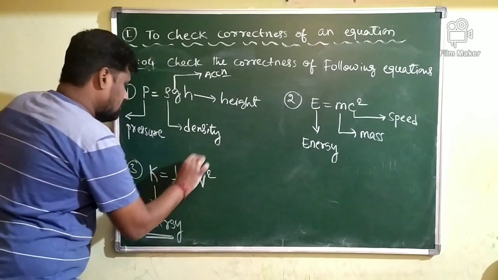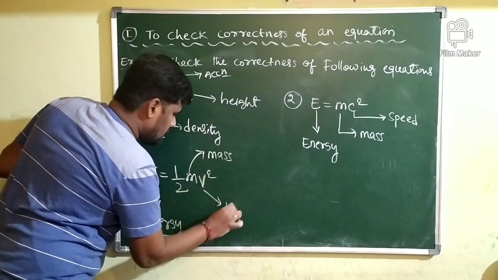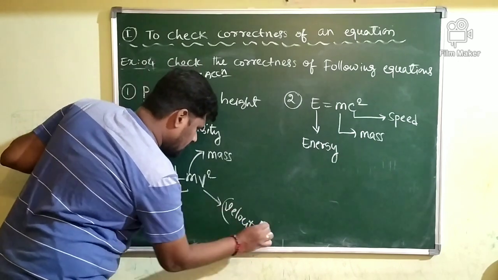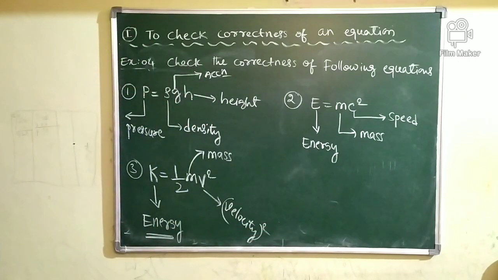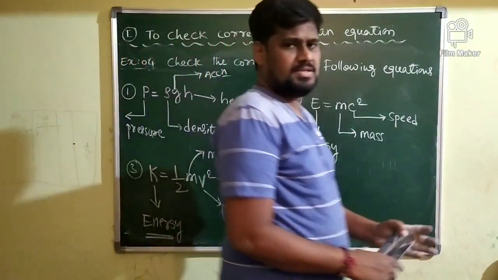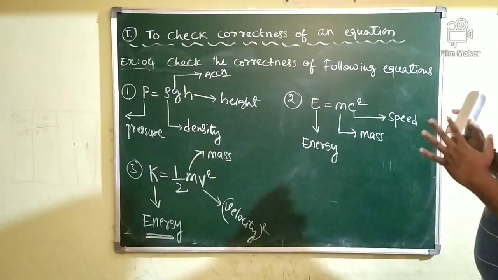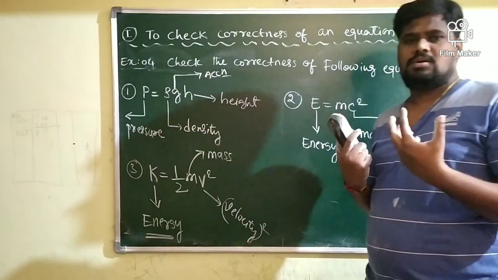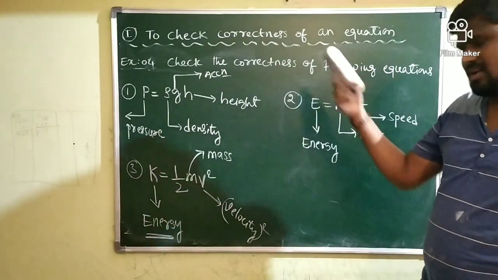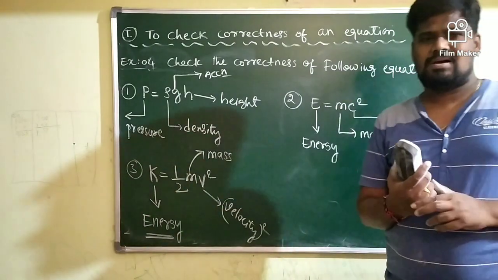M stands for mass, and V is velocity. Therefore, it should be velocity square. LHS dimension should be equal to RHS dimension. You can check the correctness of three equations which are also used in physics. You try these examples.